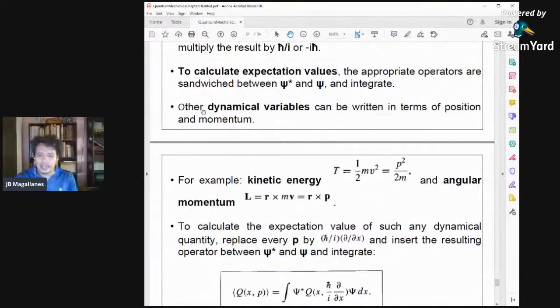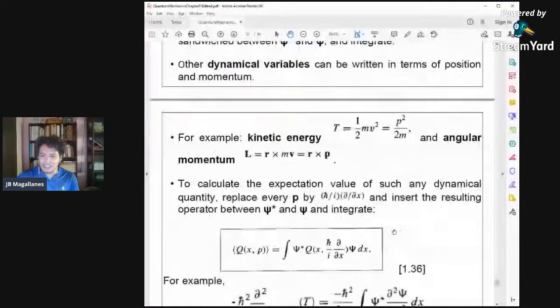Kinetic energy is another dynamical variable. Position is a dynamical variable because it changes. Momentum also is another dynamical variable. You also have other dynamical variables, for example kinetic energy and angular momentum.